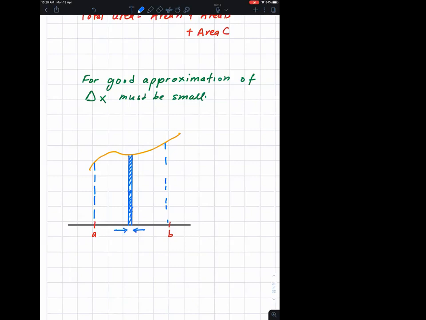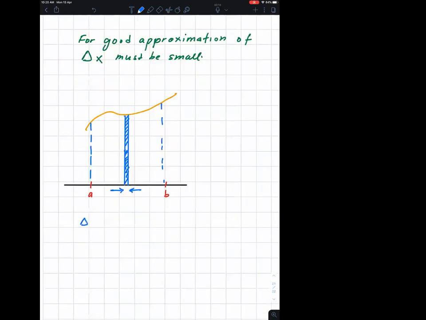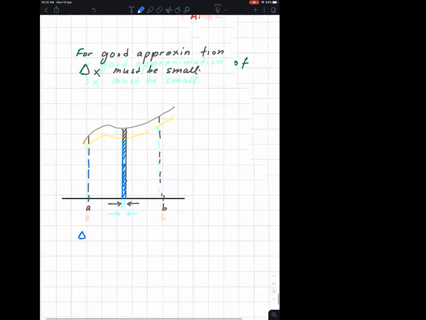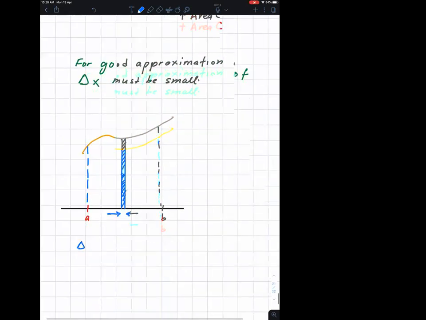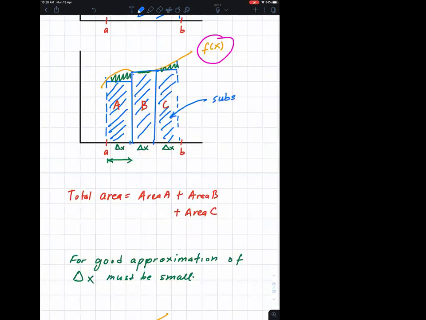That is, you want to make delta x, the interval of the subsections. You create subsections here, right?